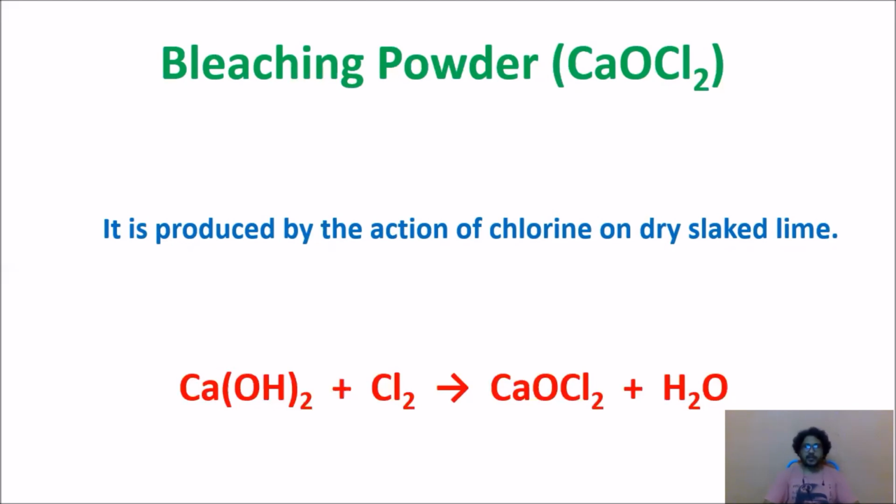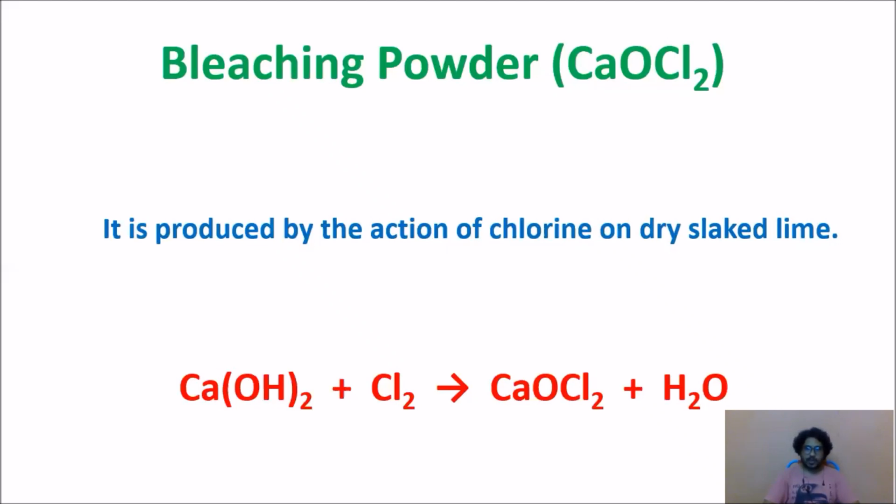Or you can get a question like, how is bleaching powder manufactured? Explain the process by using an equation. So whatever the question may be, you need to write this answer. Calcium hydroxide, Ca(OH)2, that is slaked lime, when it is reacting with chlorine gas, forms bleaching powder and water is released.